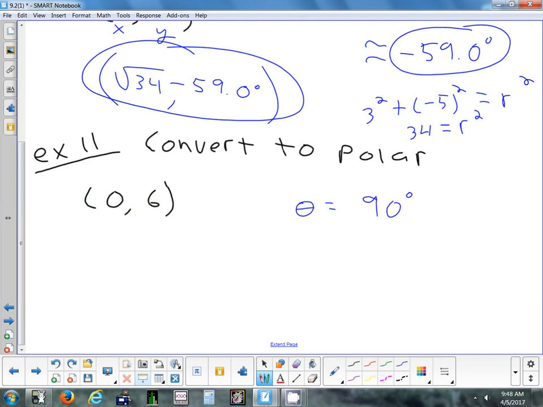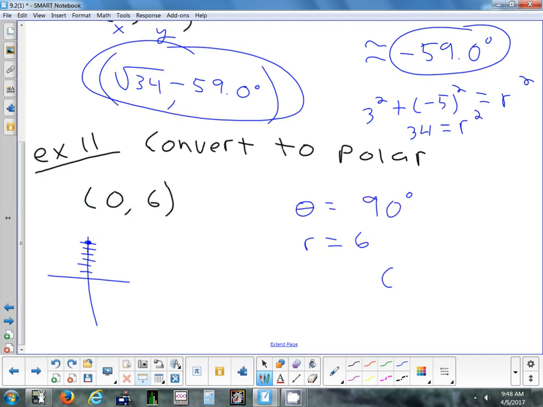And then if you graph a point that's up 6, how far is that point from the origin? 6. Right? If all you do is go straight up 6 units, you really don't need the Pythagorean theorem to find the radius. Any question on the radius or angle?